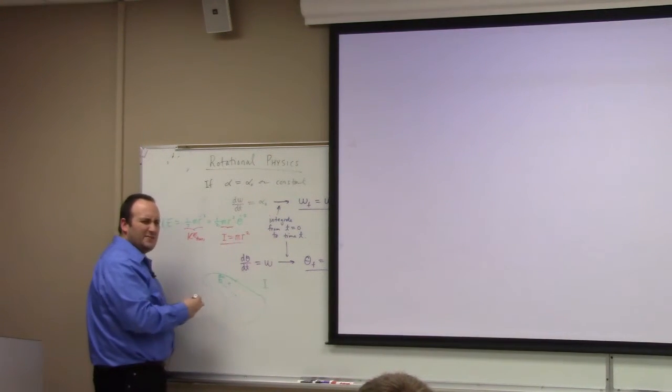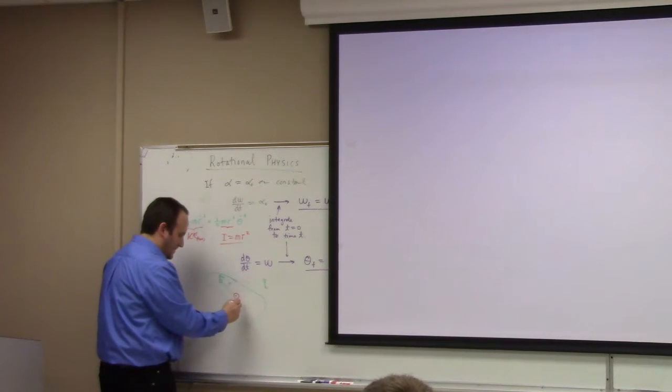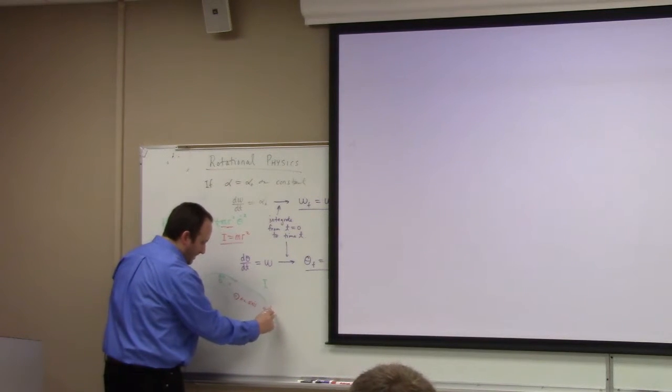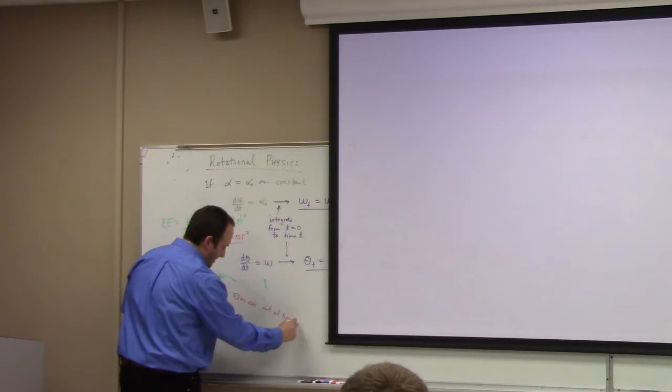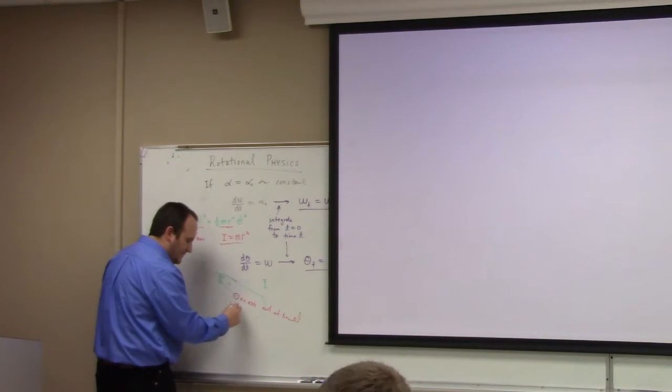What's my symbol for that? Circle dot, right? Axis, out of board. That was supposed to be board. Sorry about that. Anyway, what's done is done.